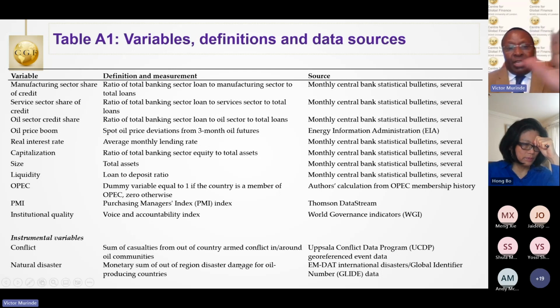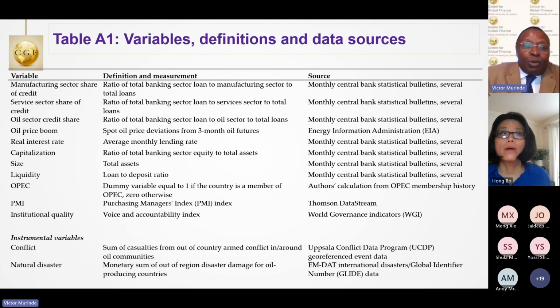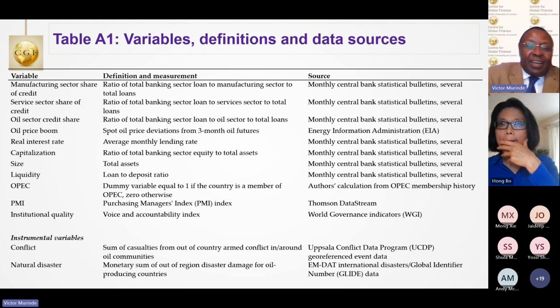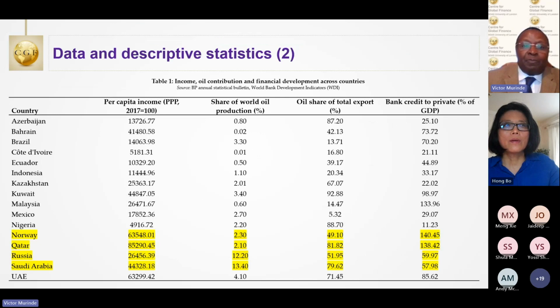So this is a summary of the variables we used. I paused here because it may well be that one of the comments from the audience will be about the variables we use, suggestions if we are missing a big elephant in the measurement of the variables in the literature.